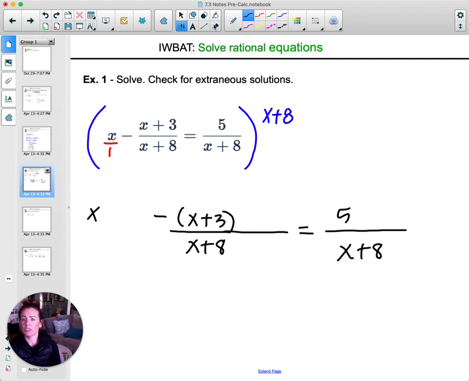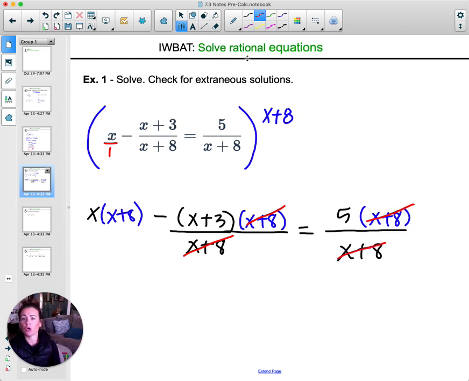What you're going to do is take this x plus 8 and multiply it into every term. It's going to get multiplied by the x, by the x plus 3 over x plus 8 term, and by the 5 over x plus 8. Then this x plus 8 will cancel here, and it will cancel here.